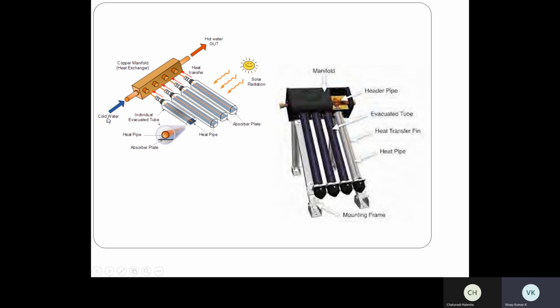The water enters here, and through these tubes, the heat pipes. From these individual evacuated tubes, our fluid is passing, above which solar radiation is falling. After circulating through the absorber plates and heat pipes, finally heat transfer takes place and we get hot water. This is the picture representation.